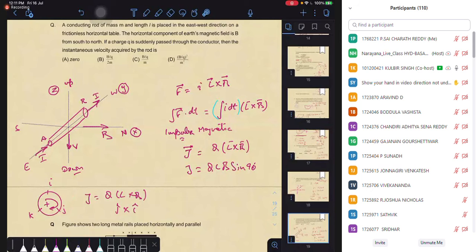If I take I cross j, it gives plus k. j cross I gives minus k. So you can also understand the direction this way. Minus k direction, so downward direction.